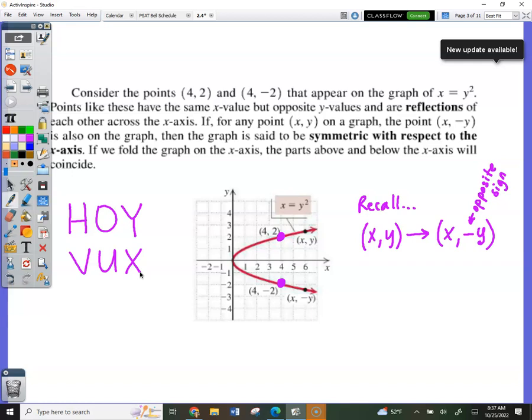So looking right here, where is the line that I would fold it to make the image symmetrical? It's the x-axis. If you have a highlighter, highlight that, or if you have a colored pen, use a colored pen. It is symmetrical about the x-axis.